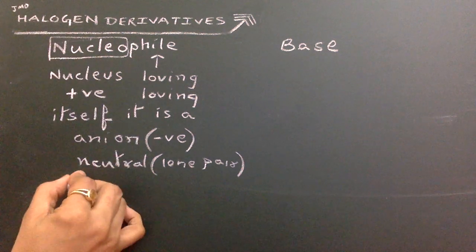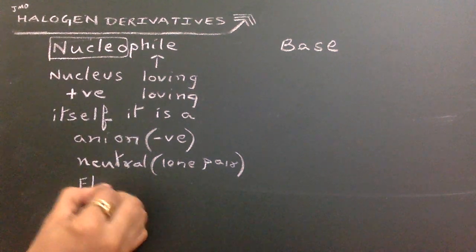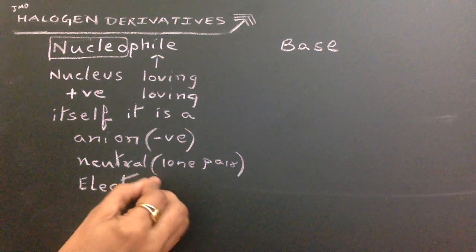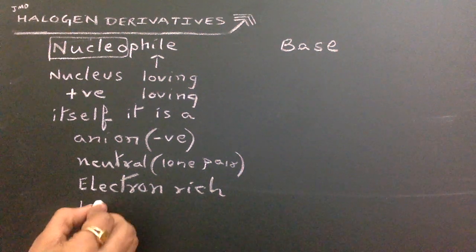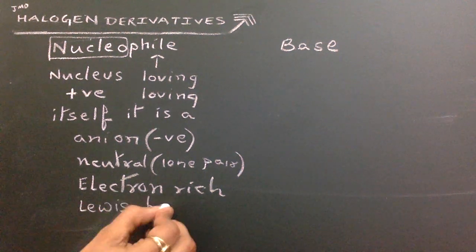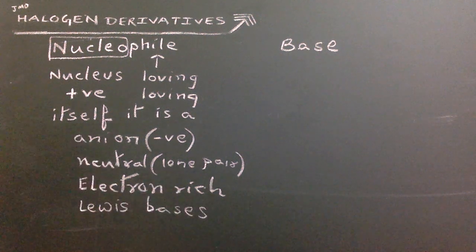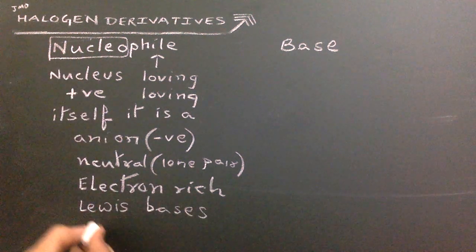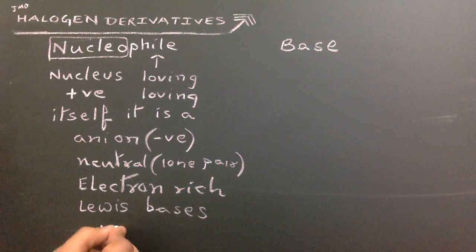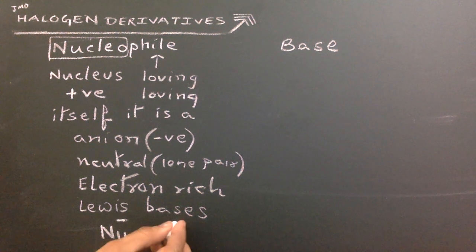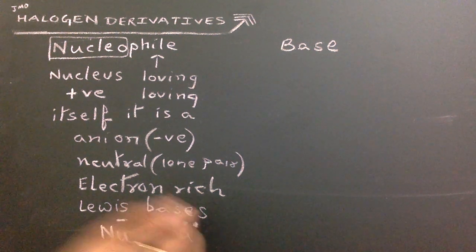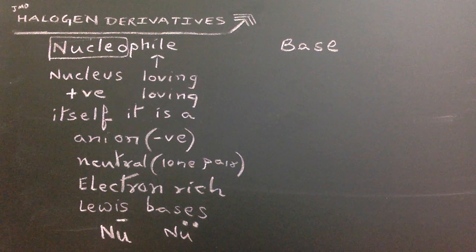And hence I can say nucleophiles are electron rich species. And they donate lone pairs, so they are nothing but Lewis bases. And whenever I say nucleophile, I will use the symbol Nu minus or Nu with a lone pair to represent it. Now children, let us understand what we mean when we say base.